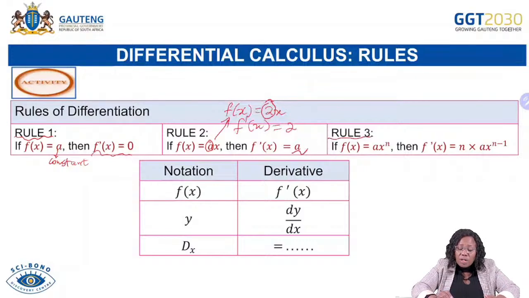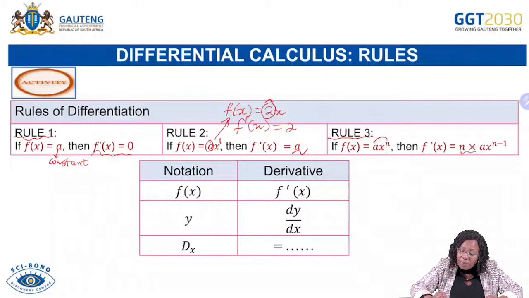Okay, and then rule number 3, we are given f at x is equal to ax to the power n. Now, can you see in this one, the exponent of x was x to the power 1. In this case, n can be any value bigger than 1. So that means if that is the case, the rule states that you take the exponent and multiply it by a.